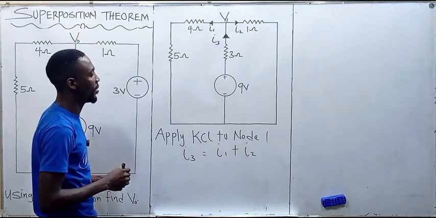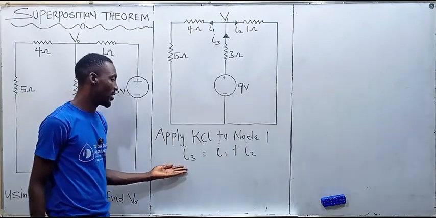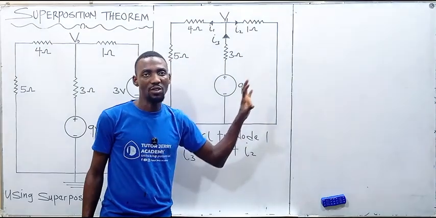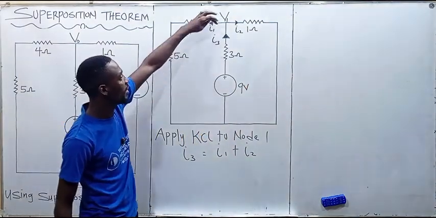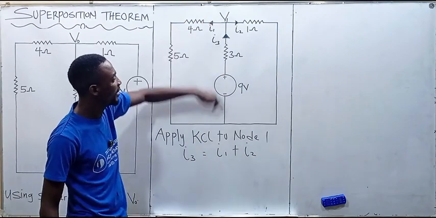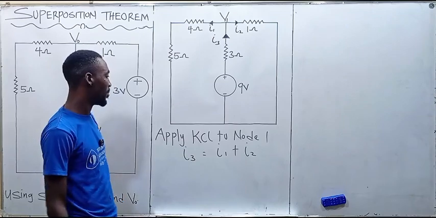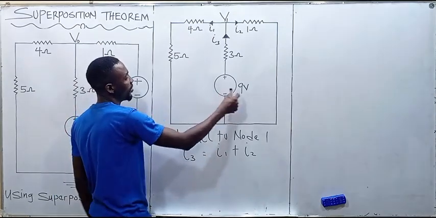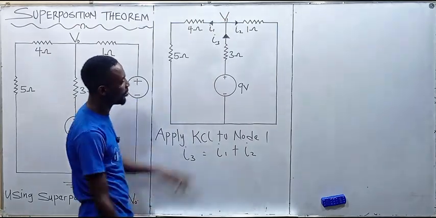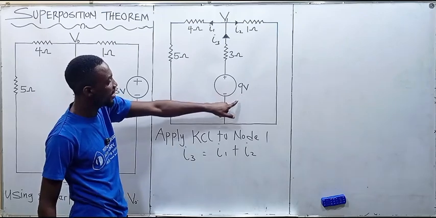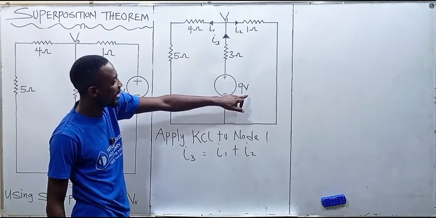All right, so we are going to replace each current with voltage over resistor. For I3, this is our I3. Our I3 is flowing along this branch, and we have our voltage source to be 9 volts, and this place to be V1. Now I'm moving from this point to this point, so definitely we are going to be considering 9 volts.